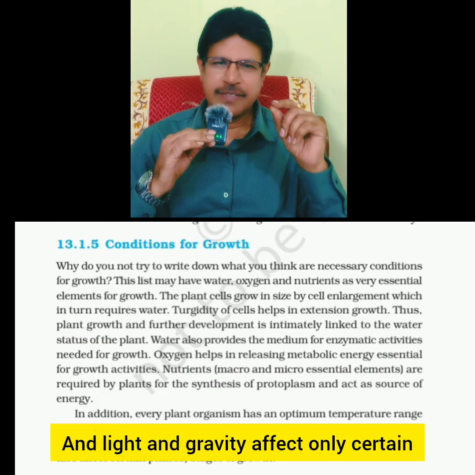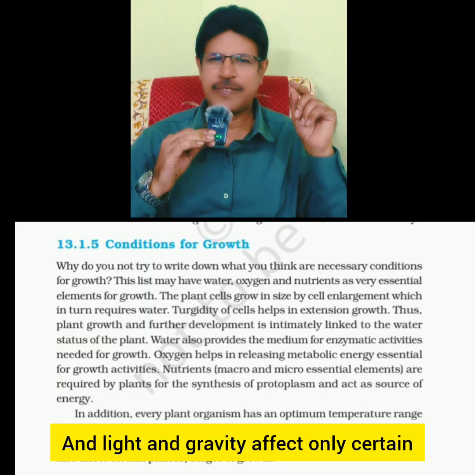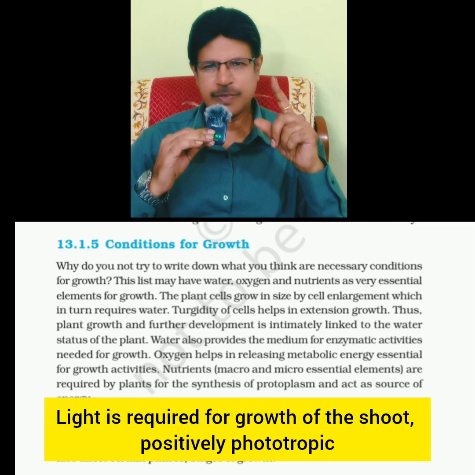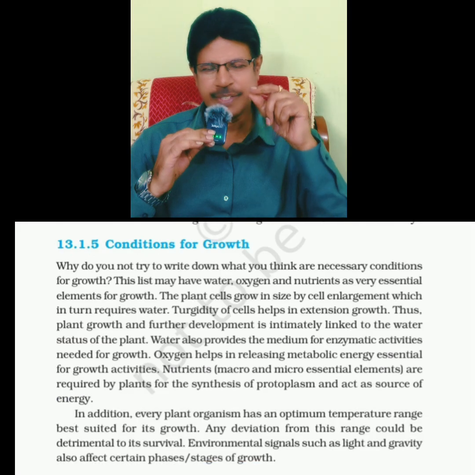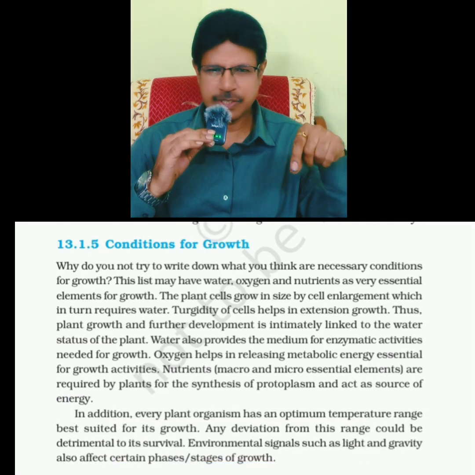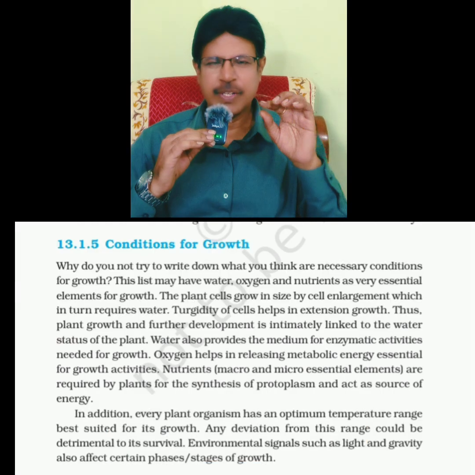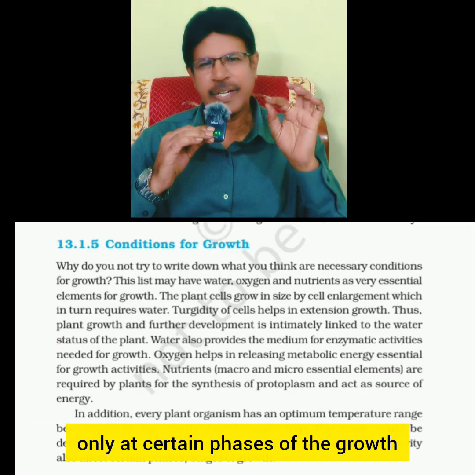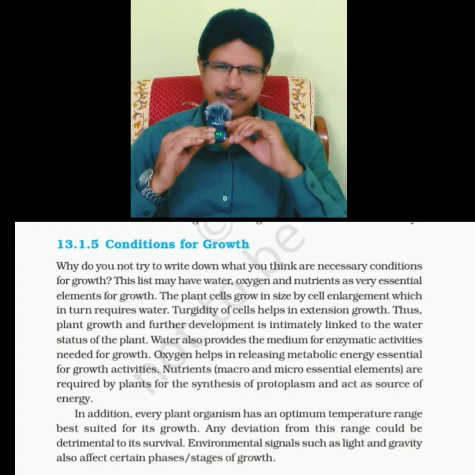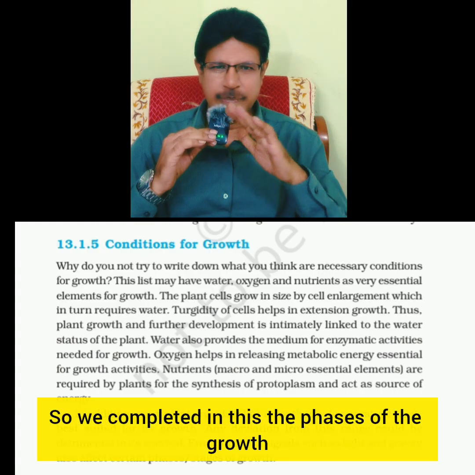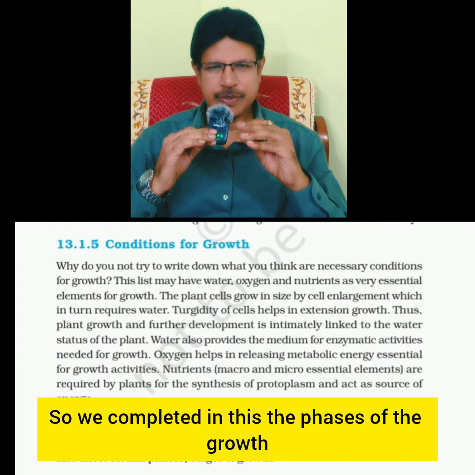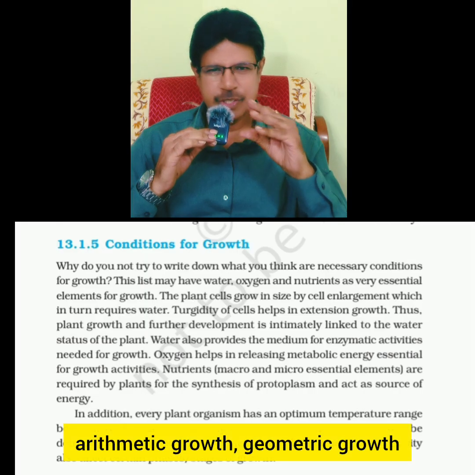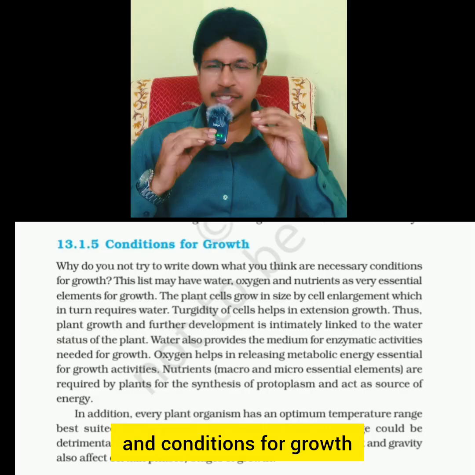And light and gravity affect only certain phases of growth, but they are required. Light is required for growth of the shoot, positively phototropic. Gravity, root is negatively phototropic, that is positively geotropic. So, light and gravity affect plant growth only at certain phases of growth. So, we completed the phases of growth rates, arithmetic growth, geometric growth, and conditions for growth.